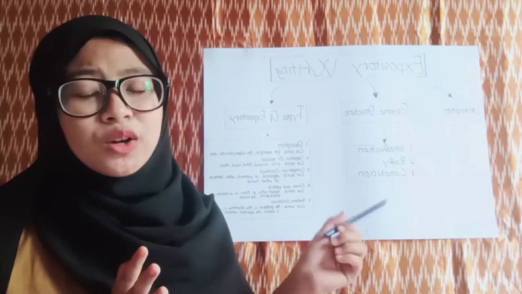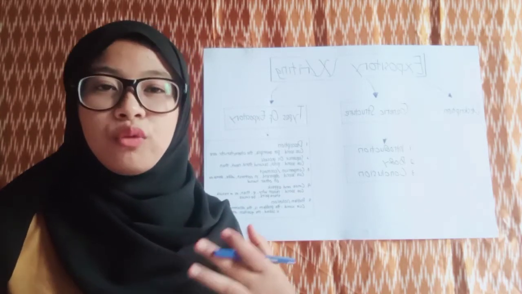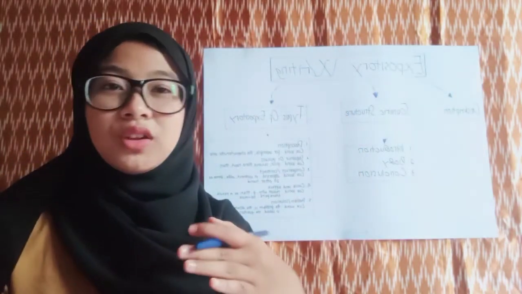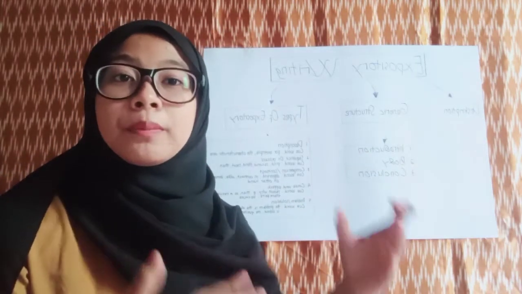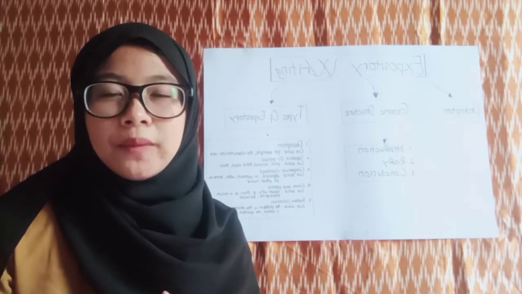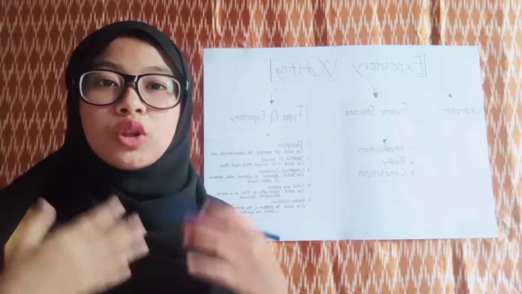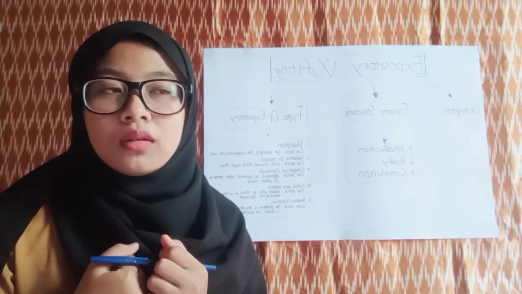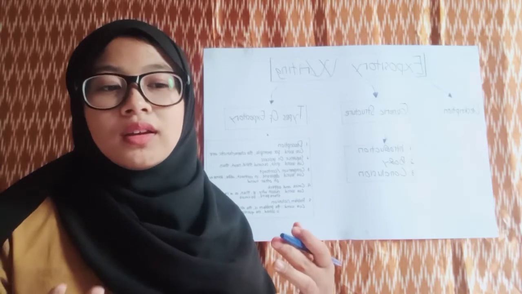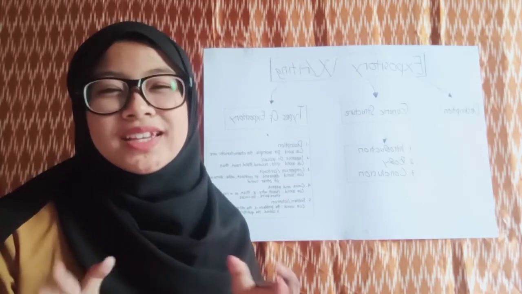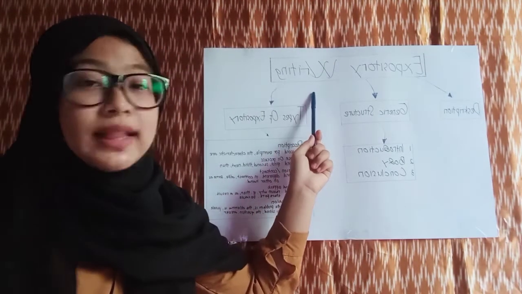I think in this conclusion we should not give a summary from the introduction until the last paragraph in the body, but I think we can write a restatement of the topic that we bring in the text, or we can give a solution or a suggestion of what action we must do.